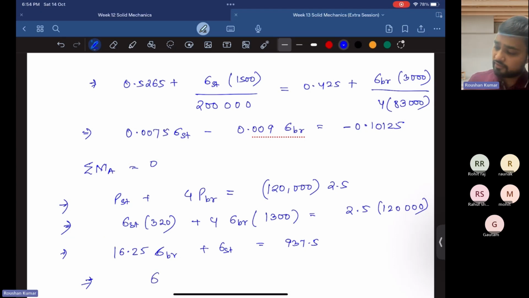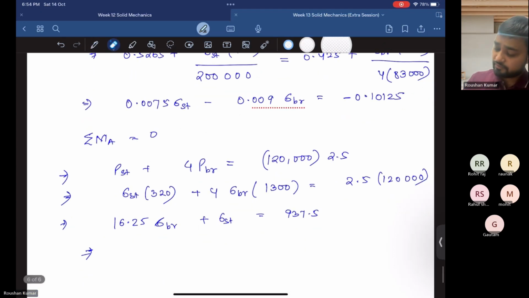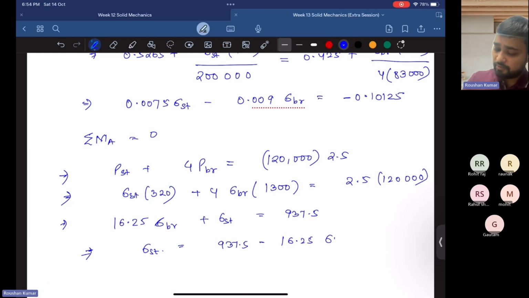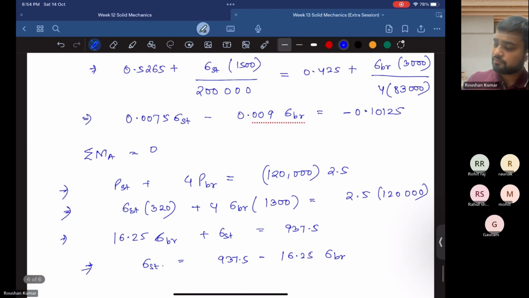So from here, sigma of the steel is 937.5 minus 16.25 sigma of the bronze.